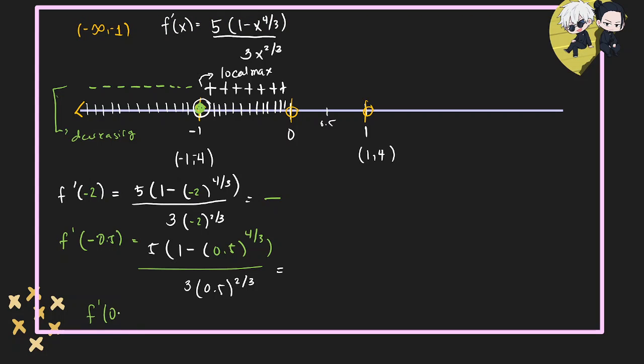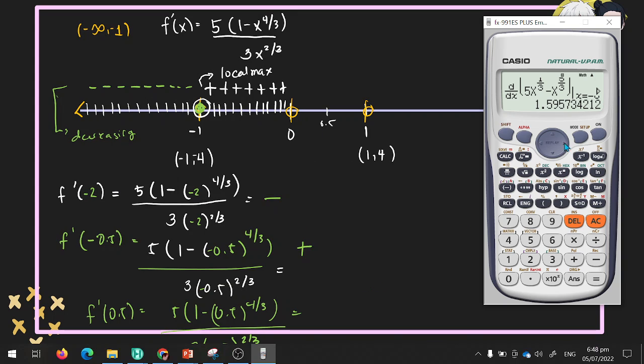Magkakaroon tayo ng 5 multiply to 1 minus 0.5 raised to 4 third over 3 multiplied to 0.5 raised to 2 third. What's the answer? So go to your calculator. Kanina sagot ay positive. Just change this to positive 0.5.